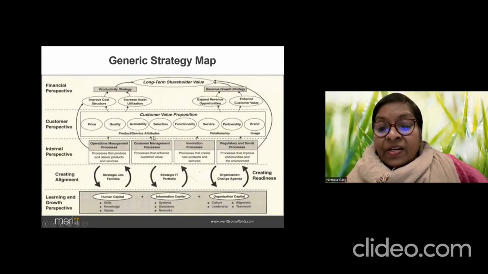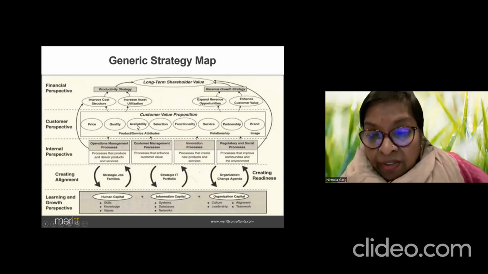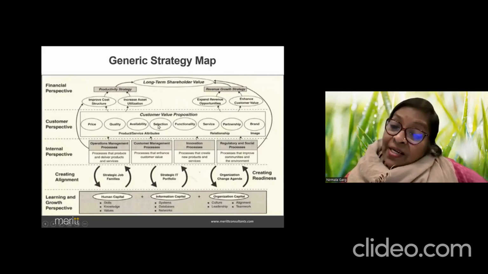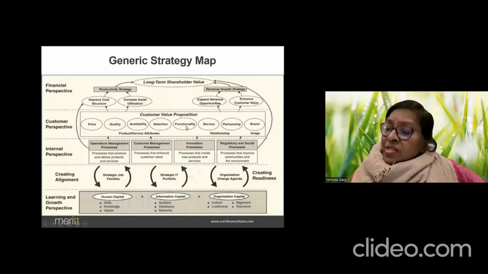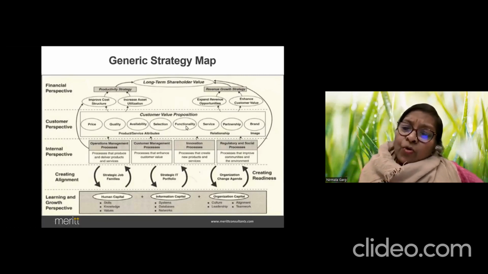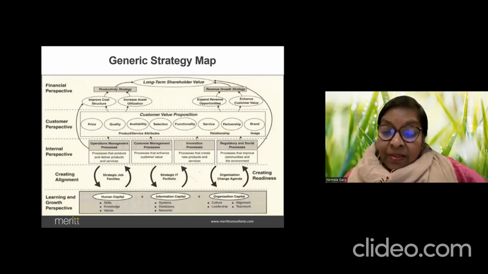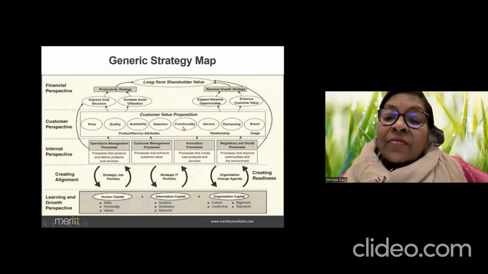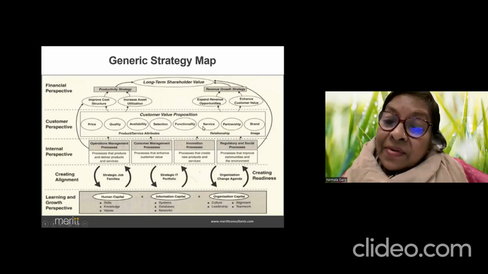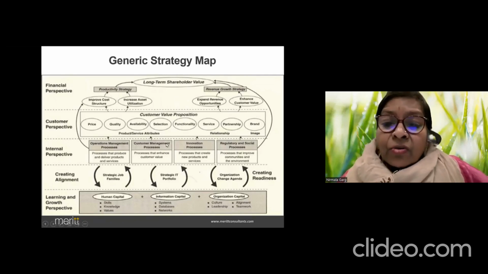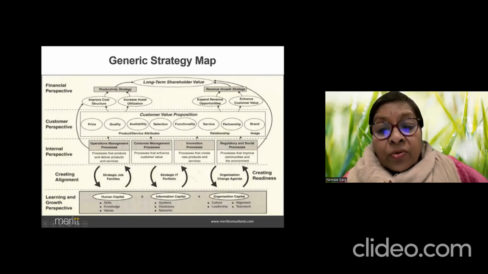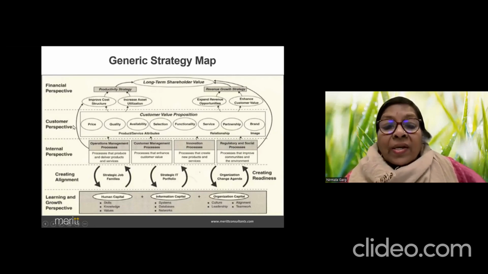Say for example, this is a retail store: price, quality of that product, availability of that product, can I select, do I have choice? Then, say in that retail store there are a lot of mobile operators. What kind of functionalities? How is the service? Is there a kind of partnership there? What is the brand?